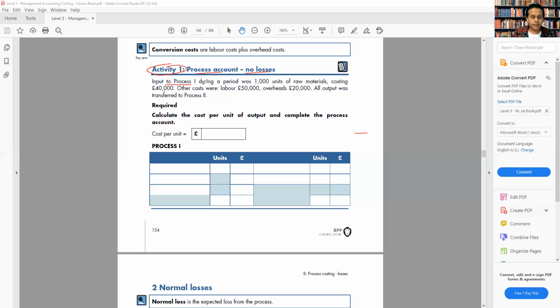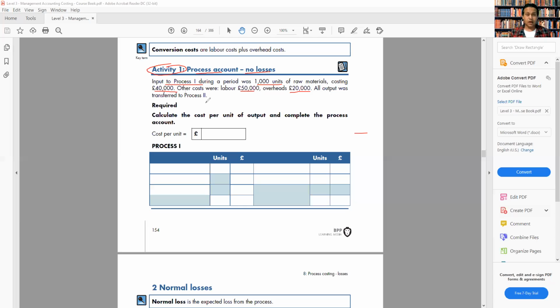We have the input, and from the input, how many units? 1000 units of raw material. So we put in 1000 units of raw material, costing 40,000. This is my cost for the raw material. Other costs: we have a labor cost that is 50,000, and an overhead of 20,000, and all output was transferred to process 2.